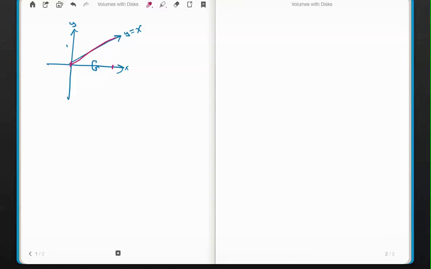This line will still be there, it's going to revolve all the way down to here, and then revolve like that, so this looks something like a cone. So revolve y equals x to make a cone, and then find the volume. That's the big challenge: find the volume.